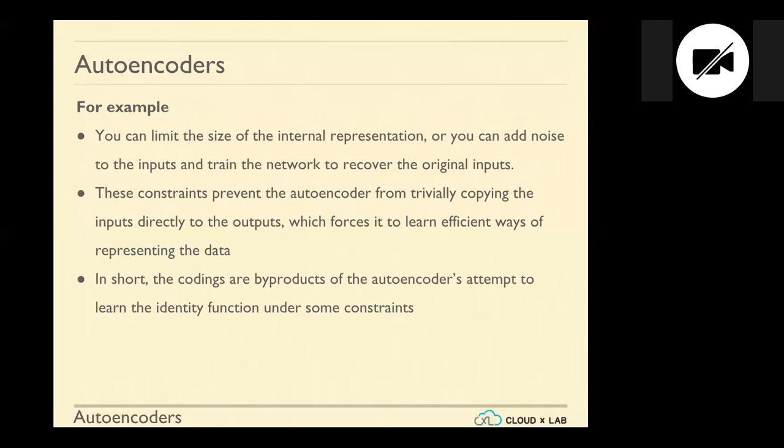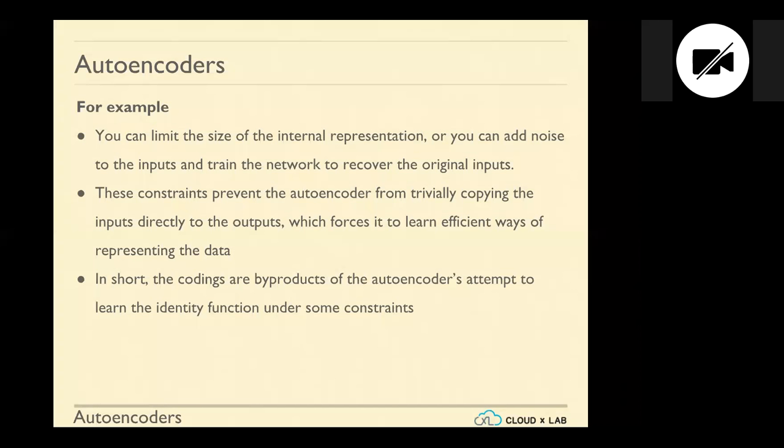So with autoencoders, you can limit the size of the internal representation, or you can add noise to the input and train the network to recover the original input. These constraints prevent the autoencoder from trivially copying the inputs directly to the outputs, which forces it to learn efficient ways of representing data.